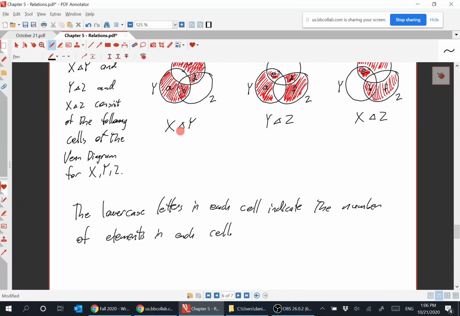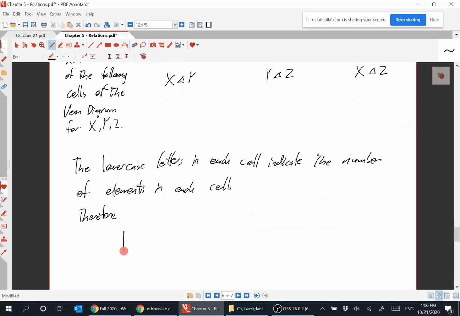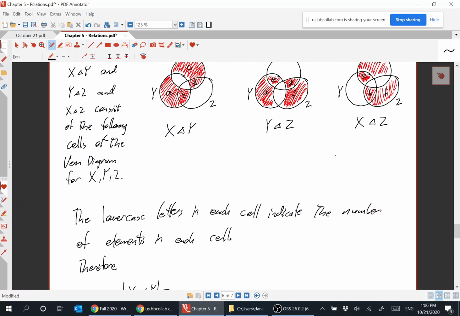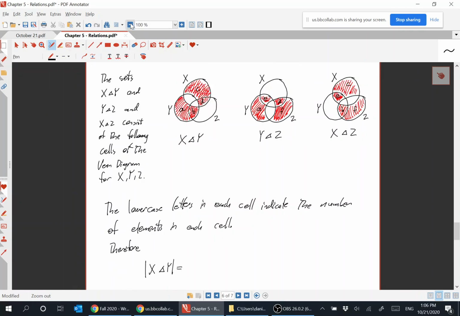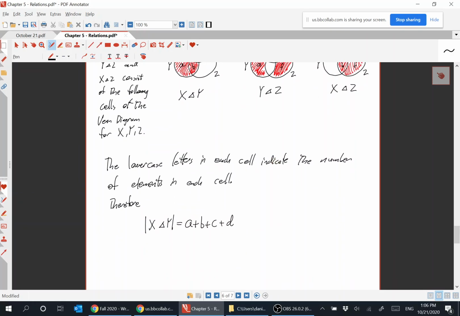All right, since X symmetric difference Y is even, therefore the order of X symmetric difference Y, which in terms of A through F is equal to A plus B plus C plus D, is even.